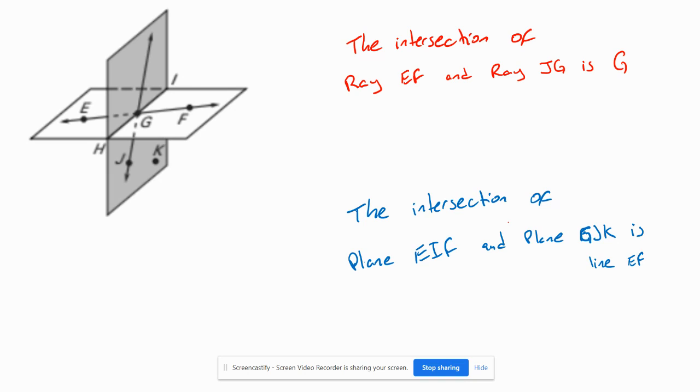So the intersection of plane EIF and the plane GJK is the line EF.